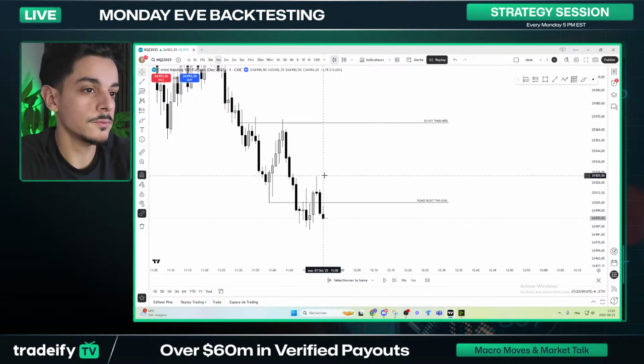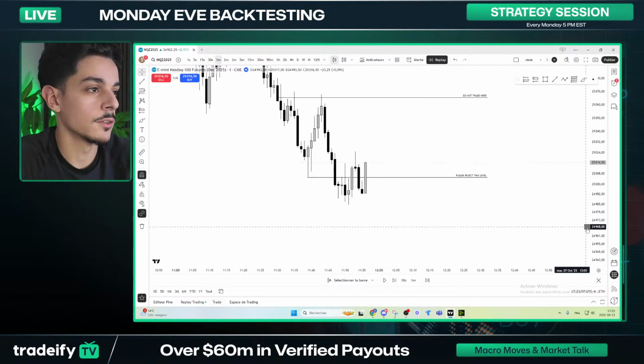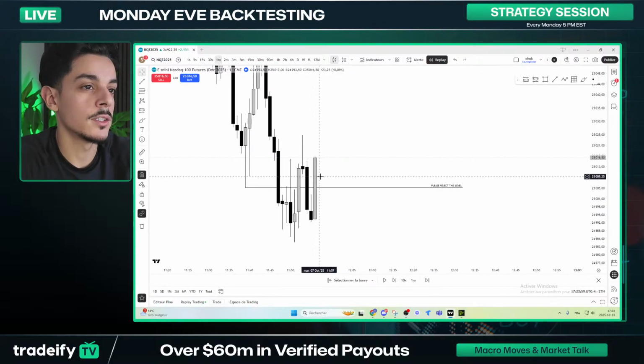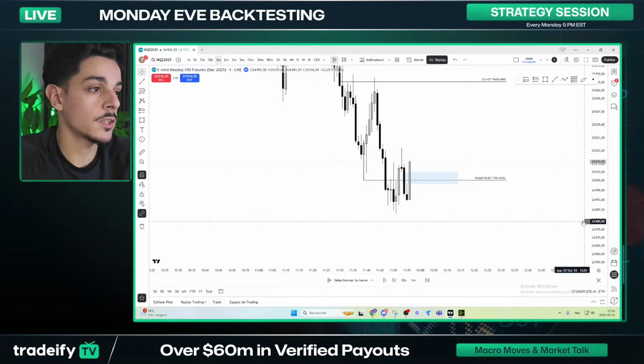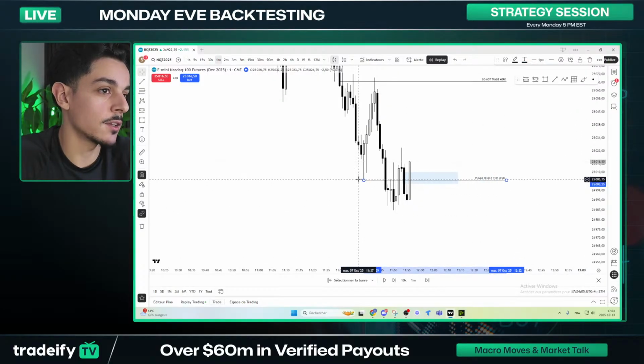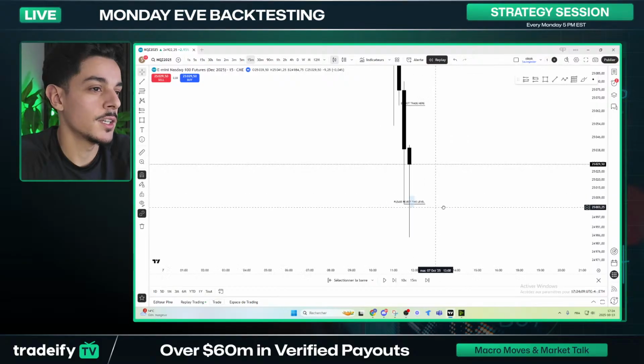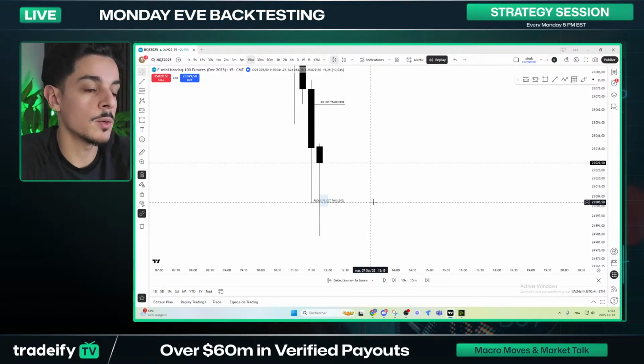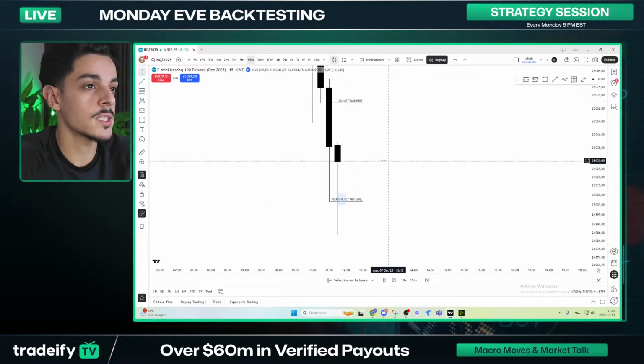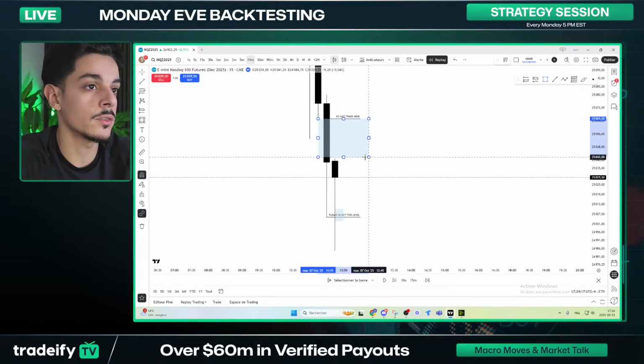And then right here, look at what happens. We are creating an inversion fair value gap back to the upside, respecting the level that I had in the first place. Look at this 15-minute candle. It is reacting back up to the upside, rejecting the previous candle's low, closing back inside the range, leaving this unfilled fair value gap.